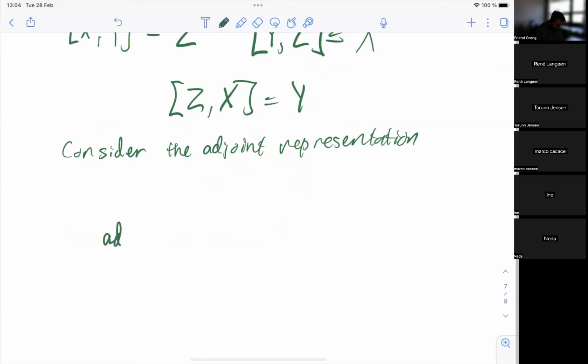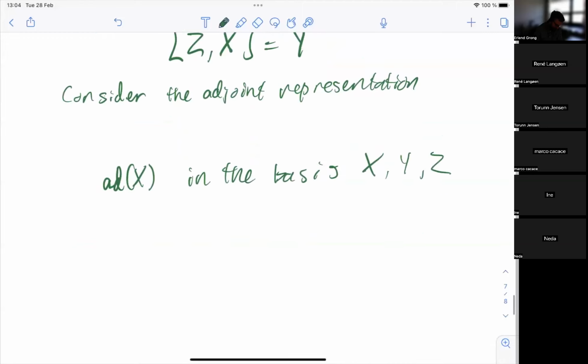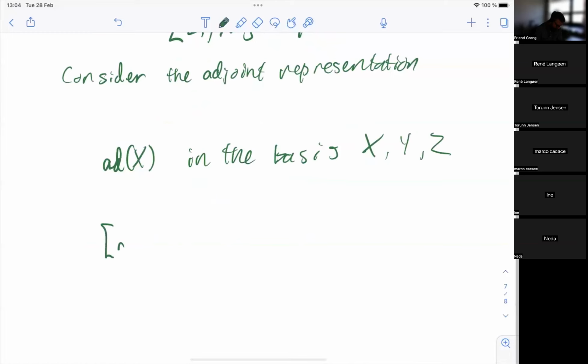If I look at ad x in the basis x, y, z, I'm going to write it like this. Here's the output x, y, z.